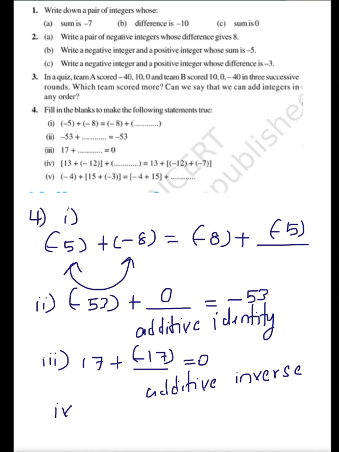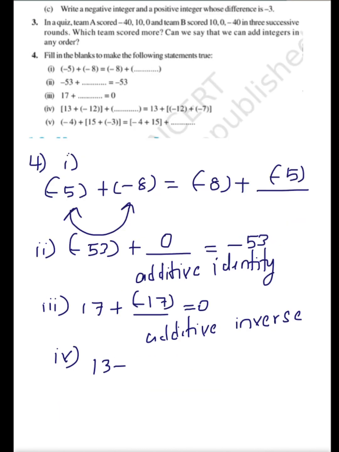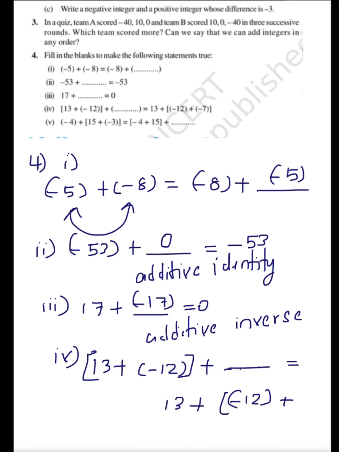Understand? Now let's see the fourth question: 13 plus minus 12 plus dash equals 13 plus minus 12 plus minus 7. By seeing this itself, you can understand that this is the associative property, and addition is associative for integers.